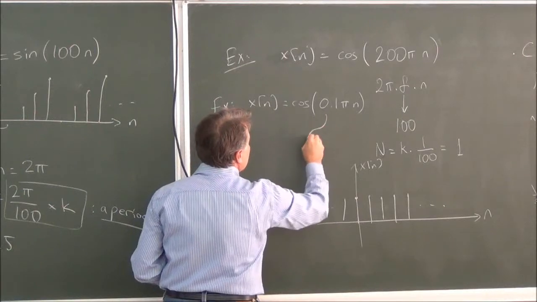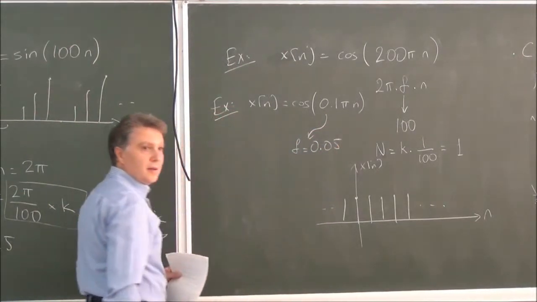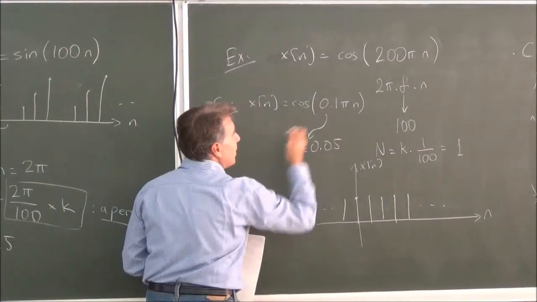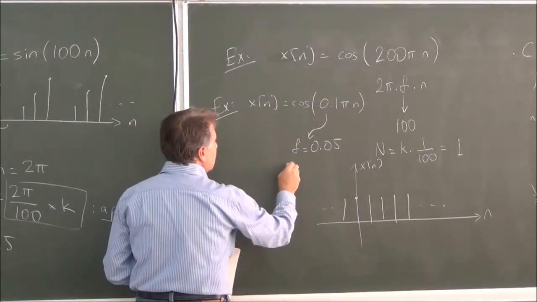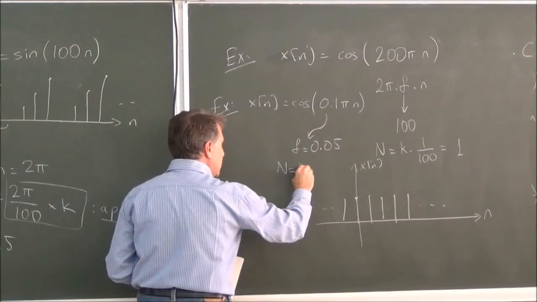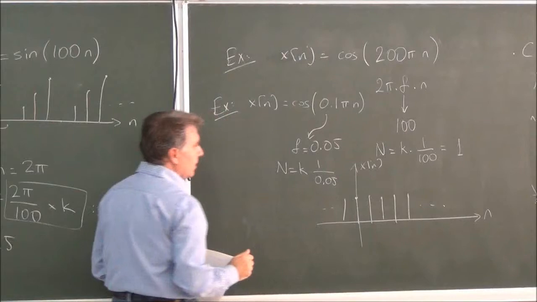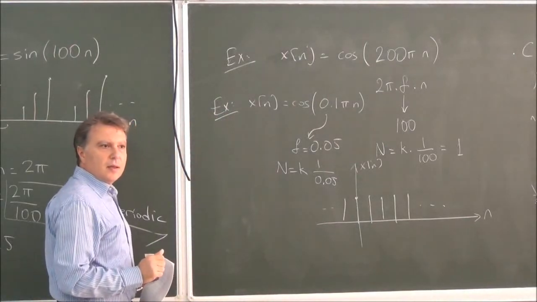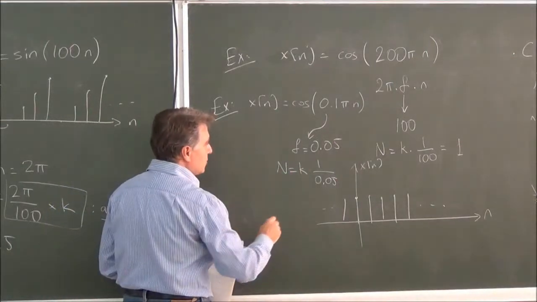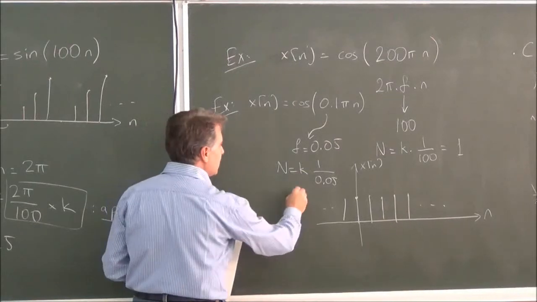And the frequency here is 0.05, because 0.05 times 2 pi is 0.1 pi. And the period is the smallest k times 1 over 0.05, which is 20, right? 1 over 0.05 is 20, and k is naturally 1. You don't need to multiply with anything larger.